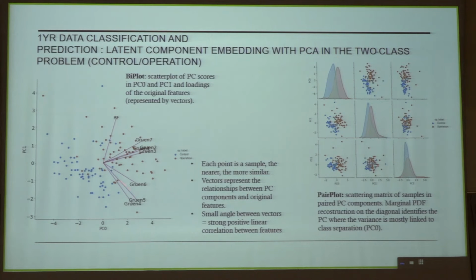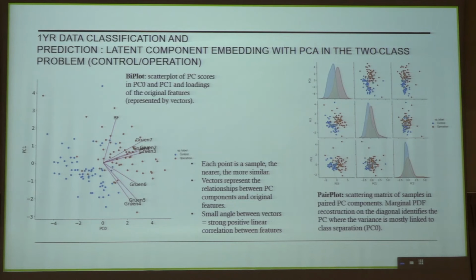And this space also tells us that there is this group of features that are very correlated, very parallel to this latent component, and that means that the variability of these features explains the variance summarized by this component here, which is related to class difference, and they are basically telling us which are the features that contribute to class separation. Okay, this is how we read this graph.